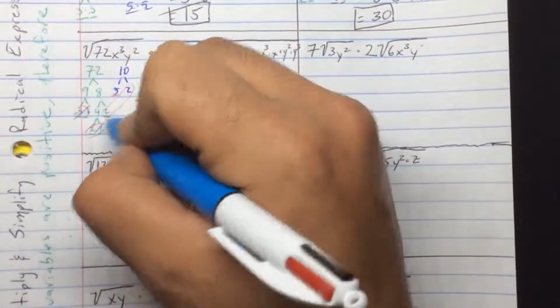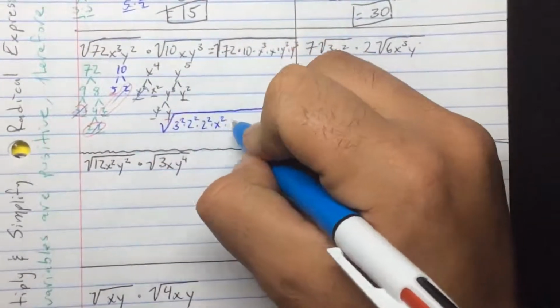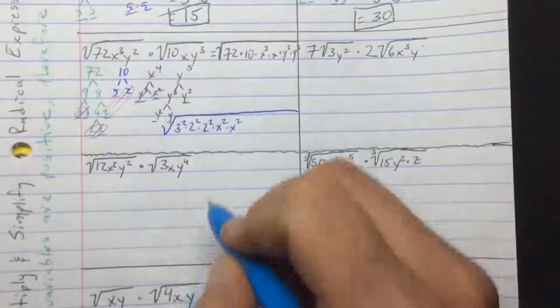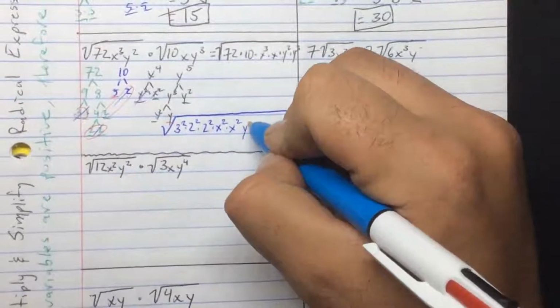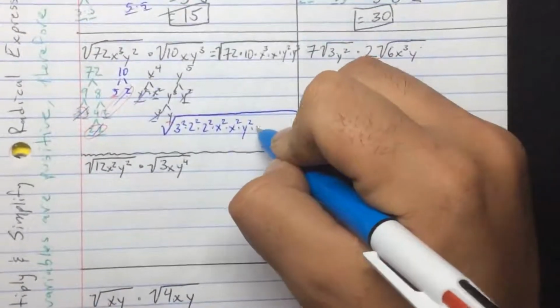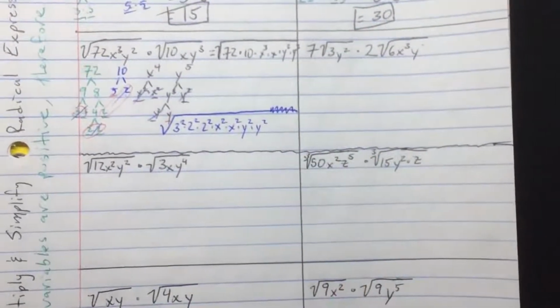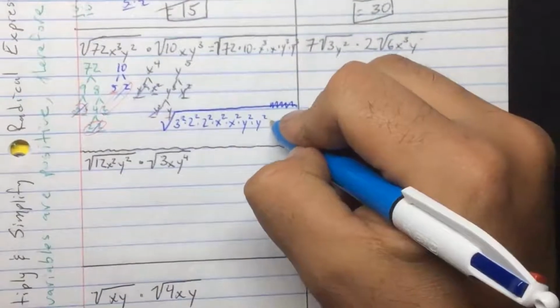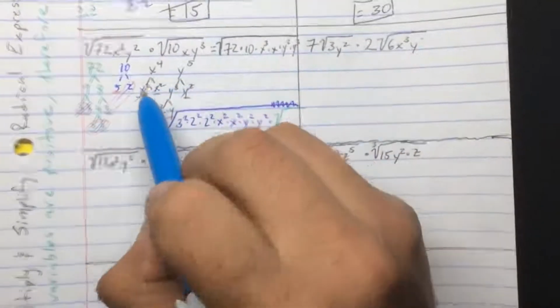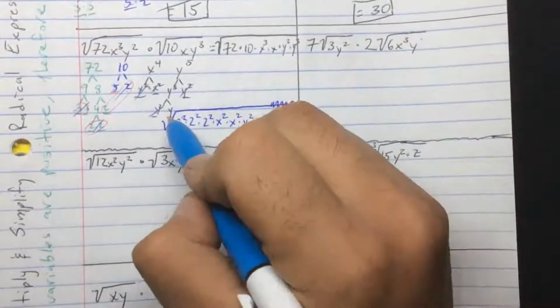I'm going to cross them out as I write them so I don't get confused. Then we have everything that doesn't come out, times our 5 and our y.